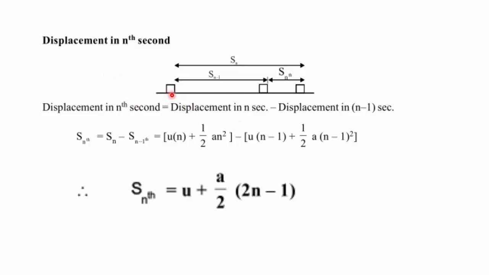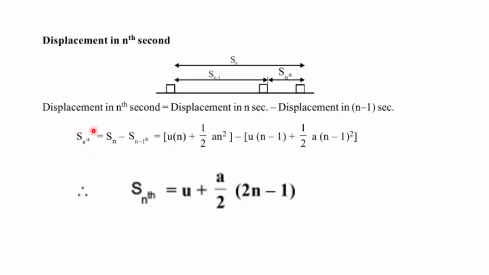Just follow this: suppose a body moves from here till the final position in time n. Then, for the previous second, I can say the displacement traveled is s in suffix n minus 1. For this, I use the equation s is equal to ut plus half at square, with n in place of t, and subtract the value for time n minus 1.